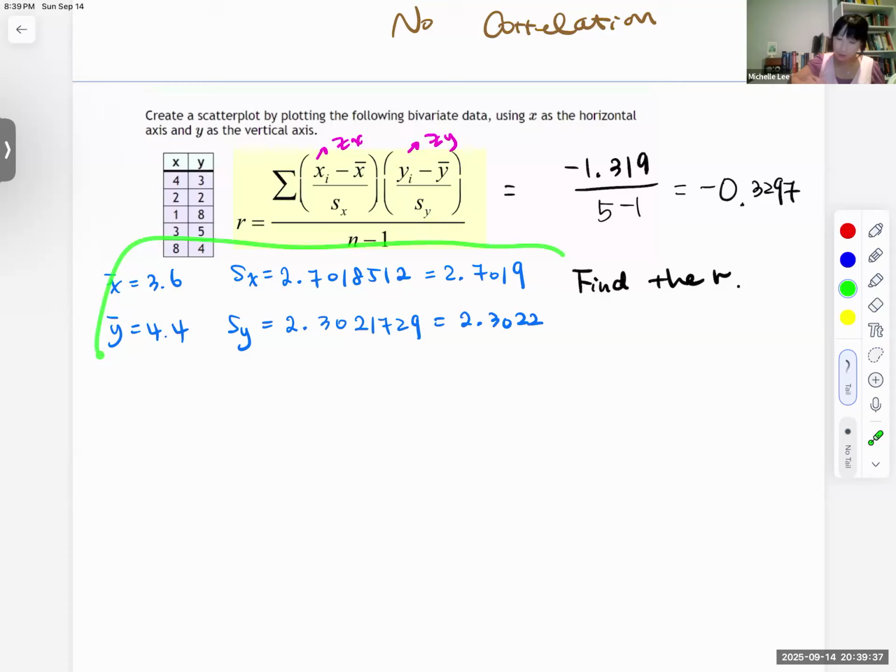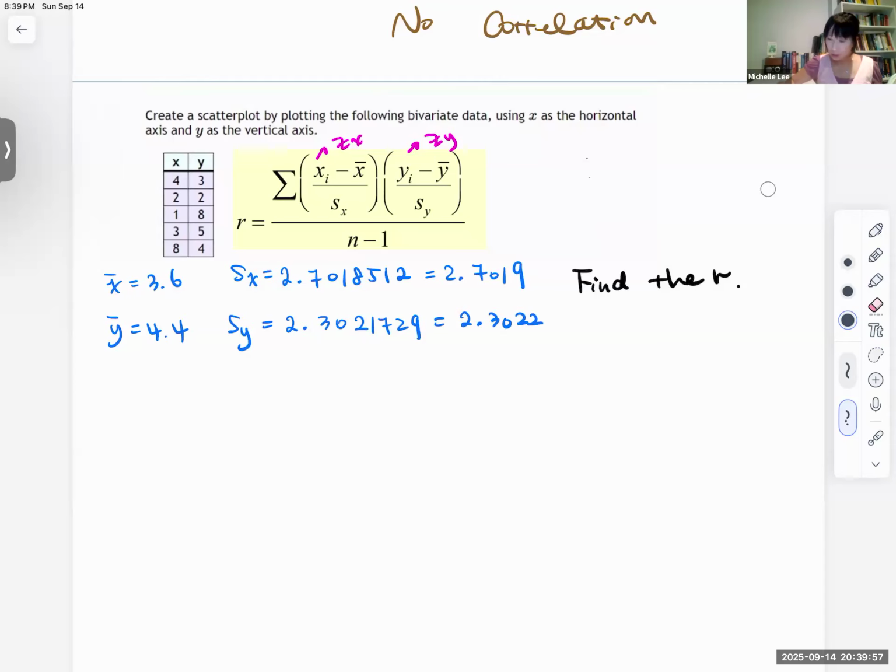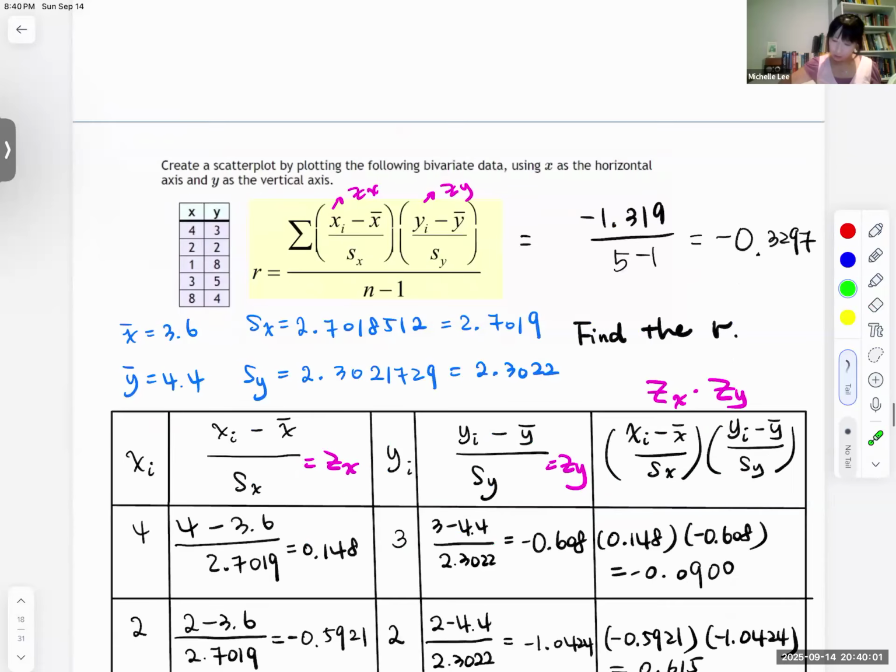Okay, that information we have to have in order to find the sample linear correlation coefficient by hand, right? Okay, so here we go.